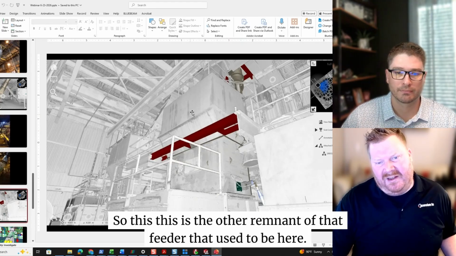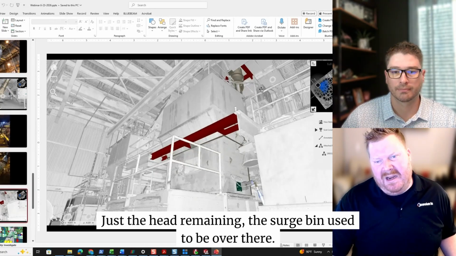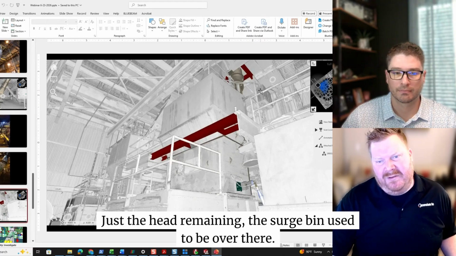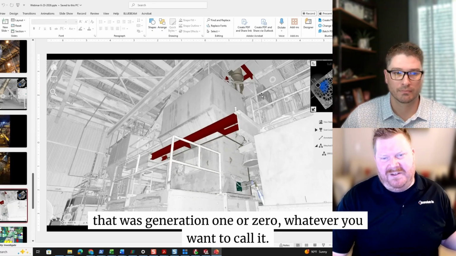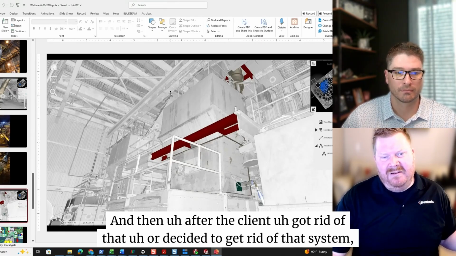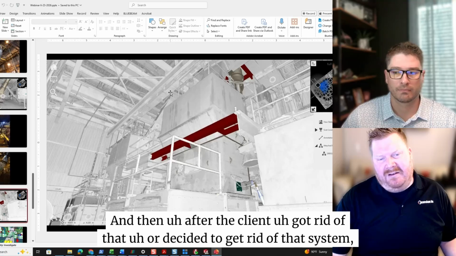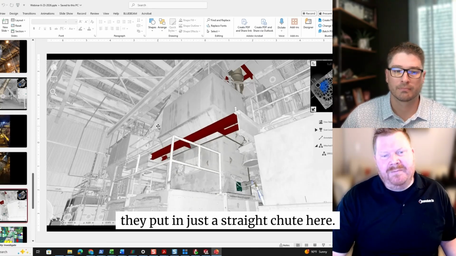So this is the remnant of that feeder that used to be here, just the head remaining. The surge bin used to be over there. That was generation 1 or 0, whatever you want to call it. And then after the client decided to get rid of that system, they put in just a straight chute here.